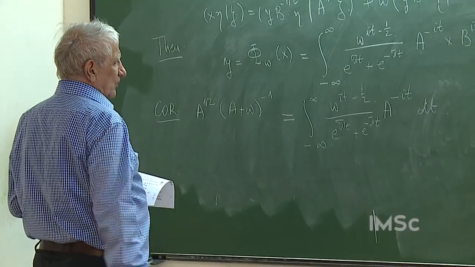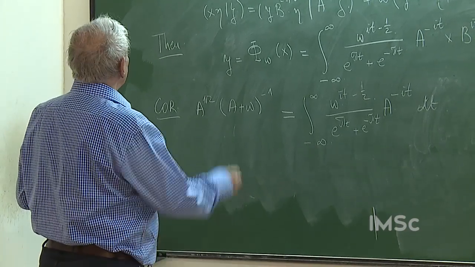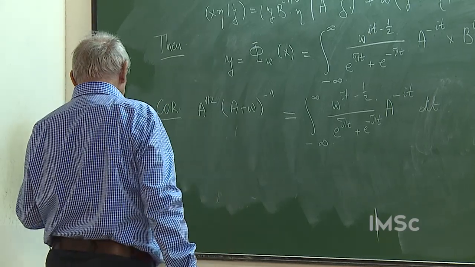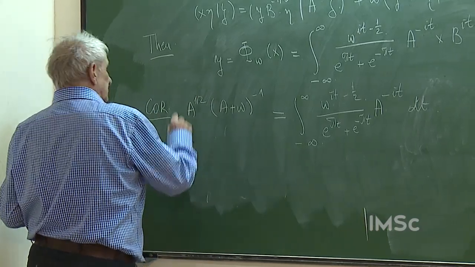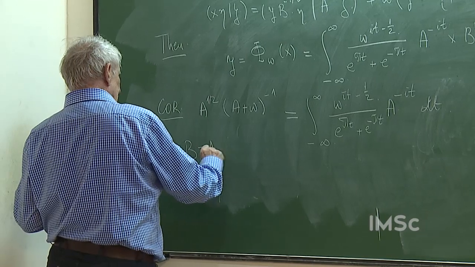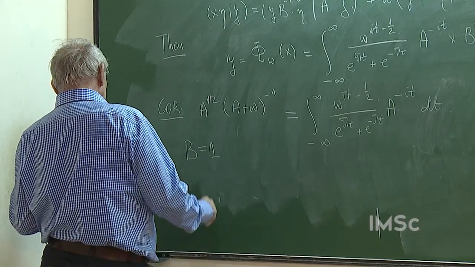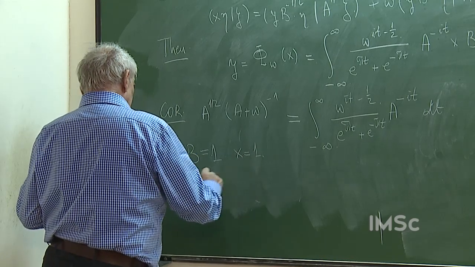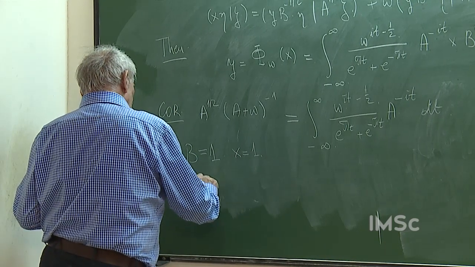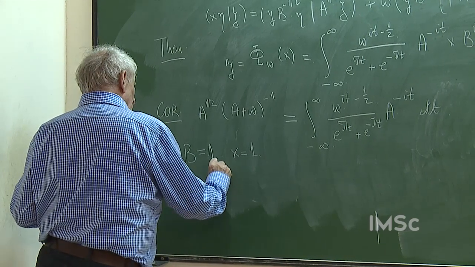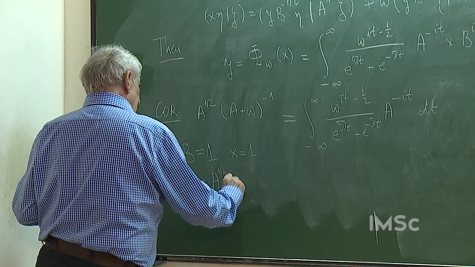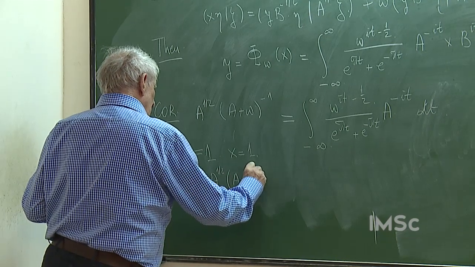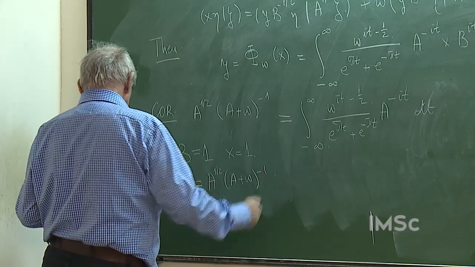The proof of the corollary is an immediate particular case of the theorem. Namely, you take in the theorem b equal to the identity operator, and x equal to 1, and y equal to a to power 1/2 times a plus omega to power minus 1.